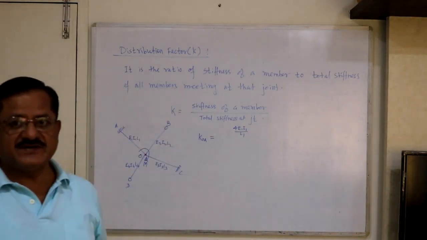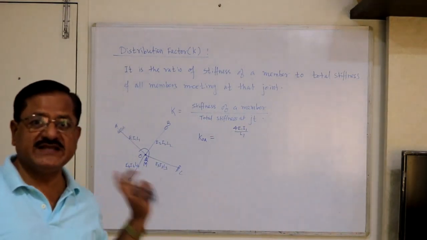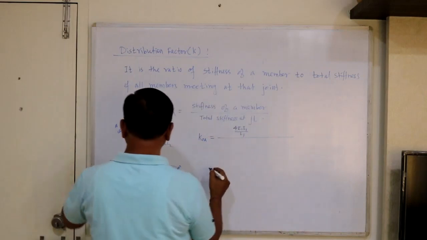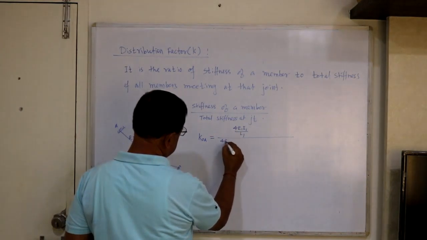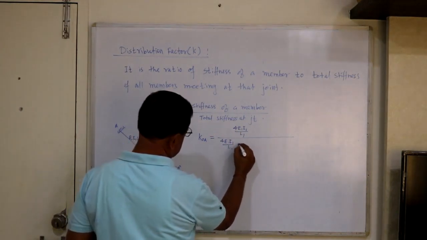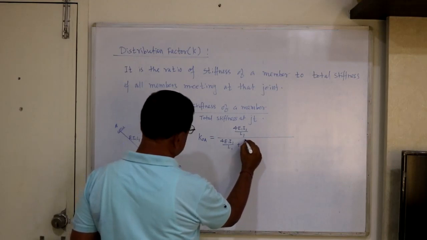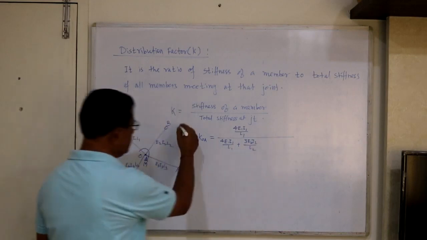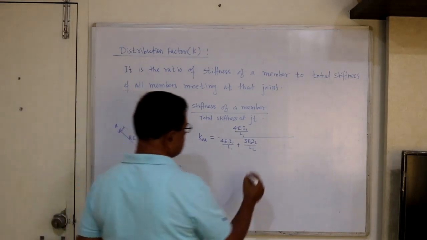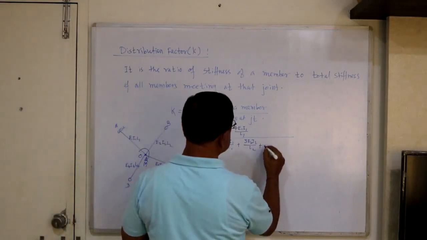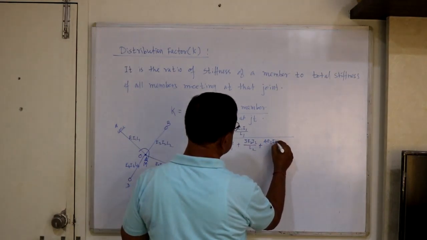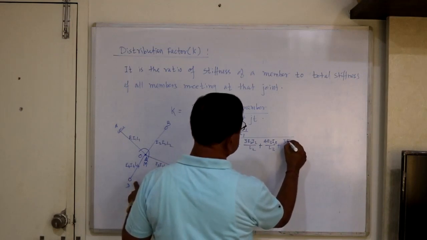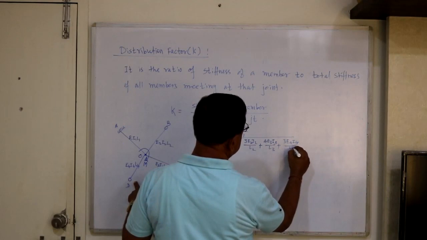We know that if the far end is fixed, the stiffness is 4EI by L, divided by the total stiffness at the joint, that is the stiffness of OA, 4 E1 I1 upon L1, plus the stiffness of OB, 3 E2 I2 upon L2, because B is hinged, 3EI by L, plus again C, 4 E3 I3 upon L3, plus D is again hinged, 3 E4 I4 divided by L4.